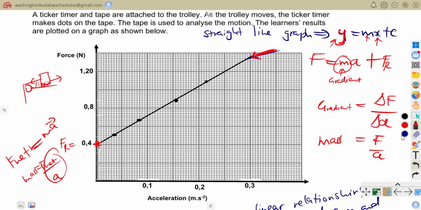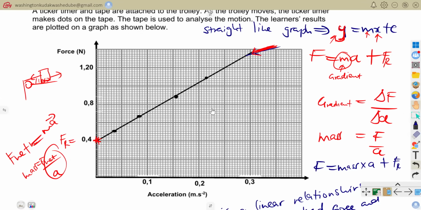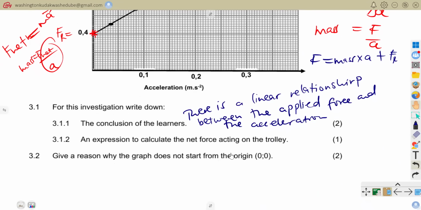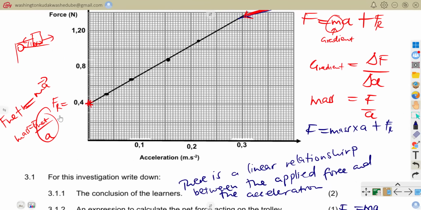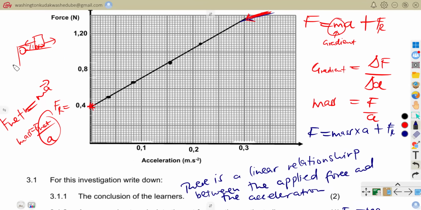So here, I would get F is equal to my mass times my acceleration plus my Fr. So the expression that I would have to calculate the net force acting on the trolley is F net equal to mass times acceleration, the acceleration of this object that is going down, that is going to be equal to g.